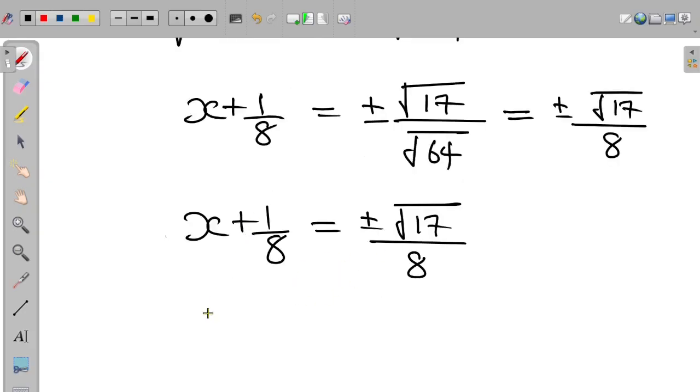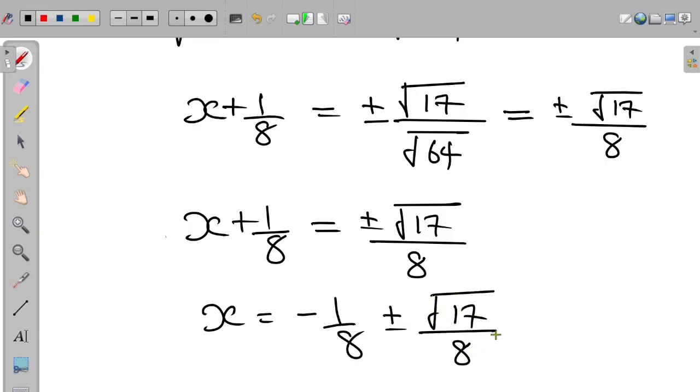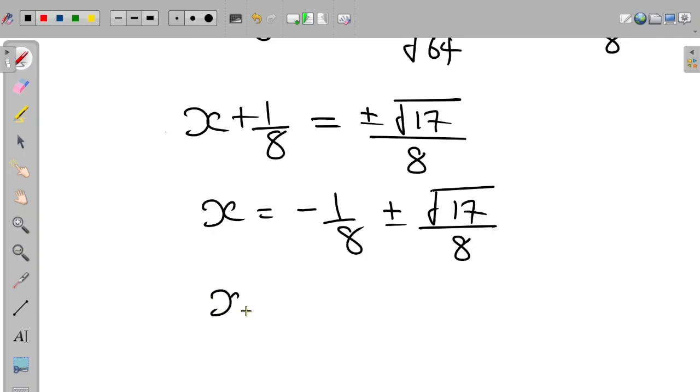So therefore we have that x is equal to minus 1 divided by 8 plus or minus root of 17 divided by 8. So x is equal to, if we take LCM, which is 8, 8 divided by itself is 1. 1 times -1 is -1, plus or minus 8 divided by itself is 1. 1 times root of 17 is root of 17.